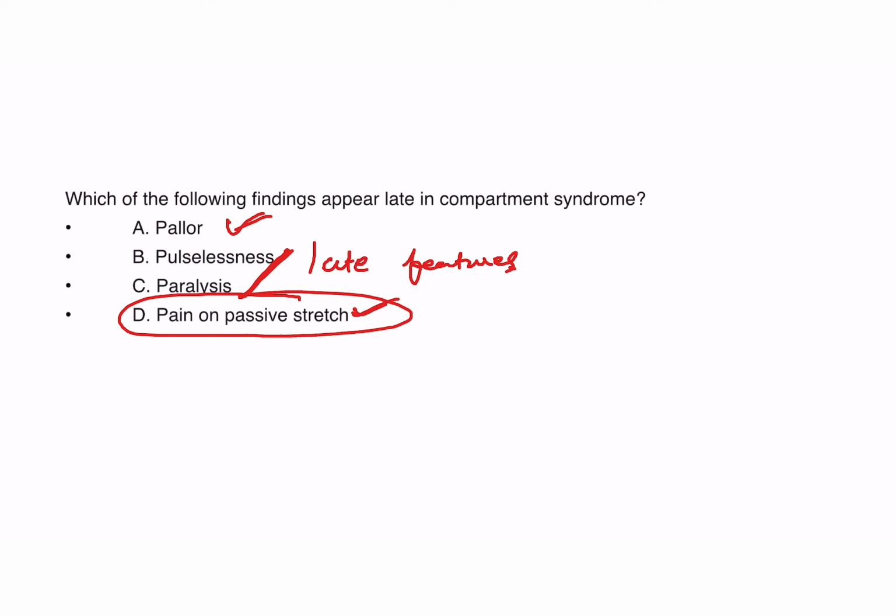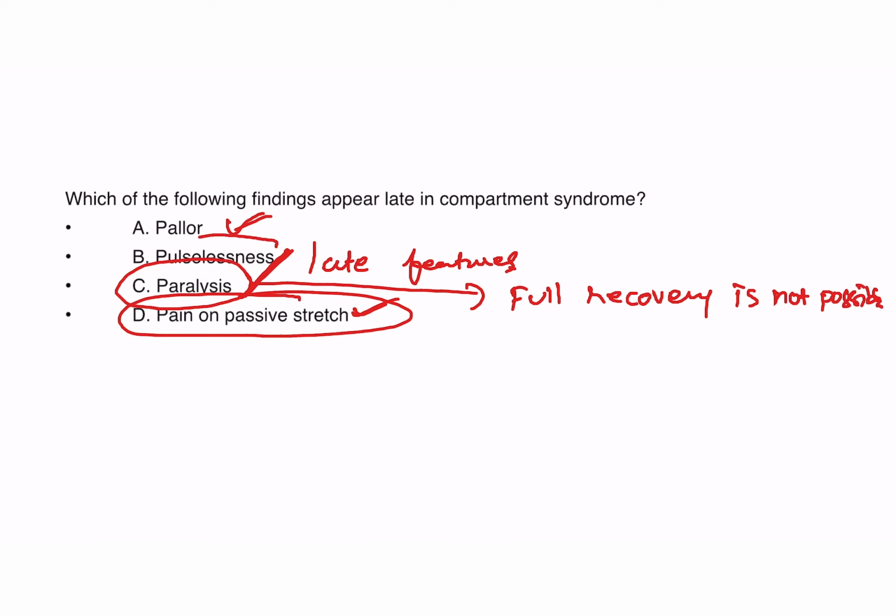Let me just tell you what Bergh says, okay? Whenever there is a paralysis, it indicates full recovery is no more possible. Full recovery is not possible. But whenever there is a pulselessness, pulselessness indicates an inevitable amputation.